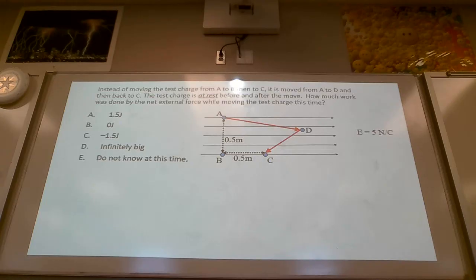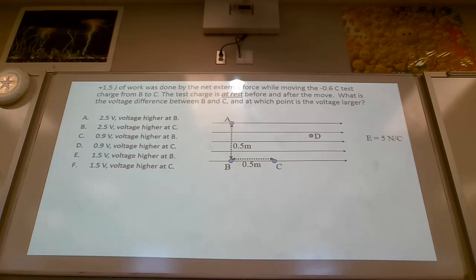If you are starting and stopping at rest, or you are moving at a constant velocity the entire time, the work done by external force is going to be equal to the work done by the field, the conservative force, just the opposite sign. Everybody good with that? Do not converse yet. Think.